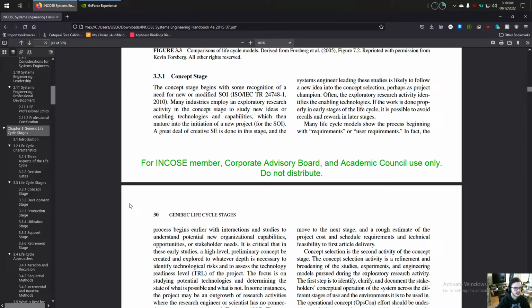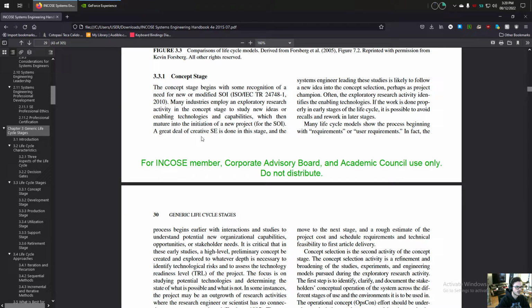And then diving into the actual lifecycle stages. Starting out, we have the concept stage, section 3.3.1. The concept stage begins with some recognition of a need for a new or modified system of interest. Many industries employ an exploratory research activity in the concept stage to study new ideas or enabling technologies and capabilities, which then mature into the initiation of a new project for the system of interest.